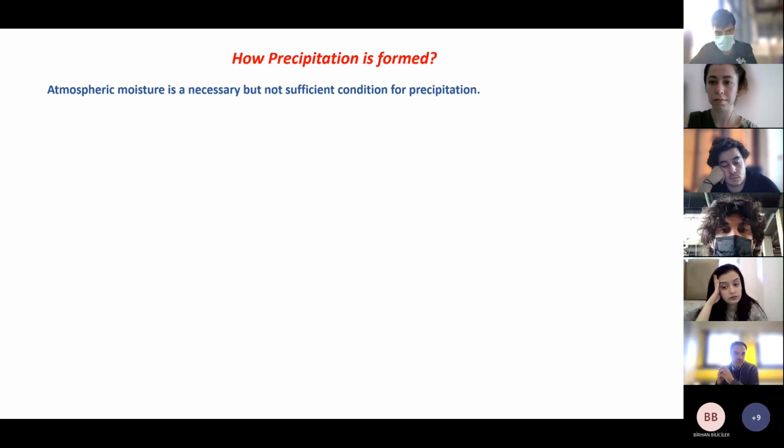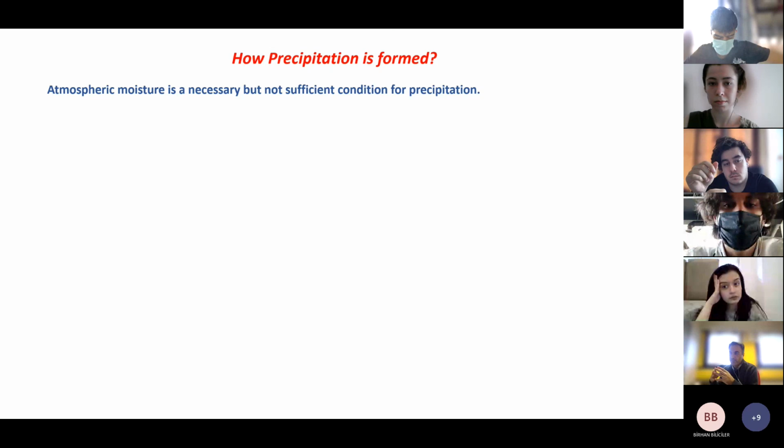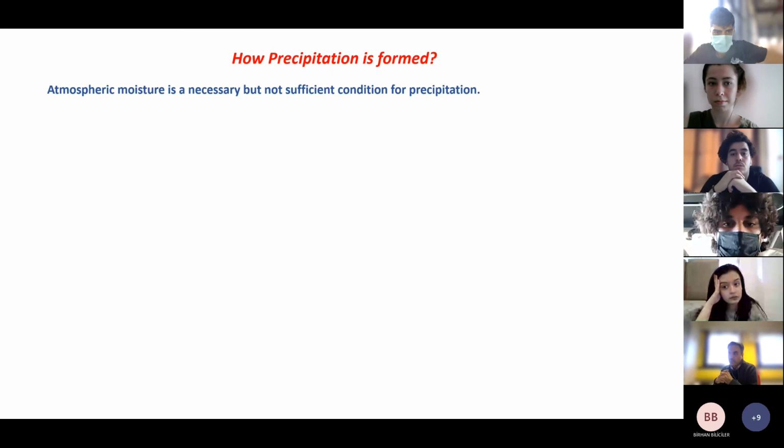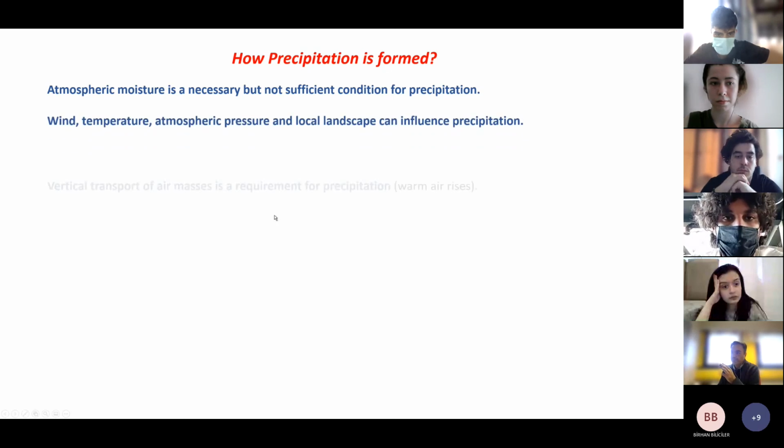But here we categorize two main reasons that precipitation is formed. Atmospheric moisture is necessary. Here we have some necessary things.